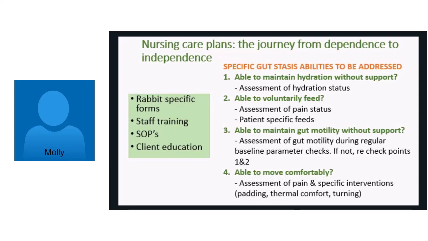What we need to look at with these animals is actually, can they maintain their hydration status without support? Are they able to maintain their gut motility without support? So without all of these pro-kinetics, whether we've chosen to give them or whether it isn't part of our armory, and whether these animals are able to move around comfortably.